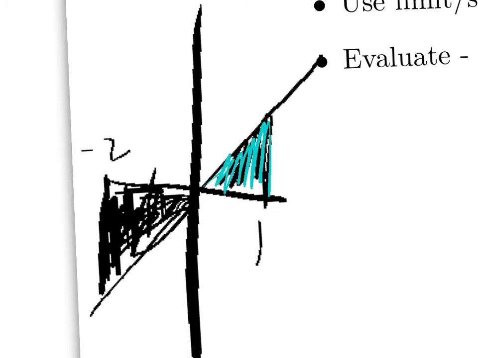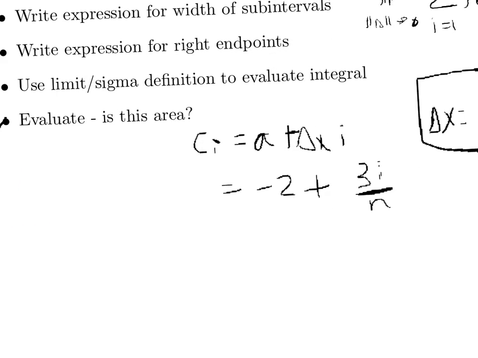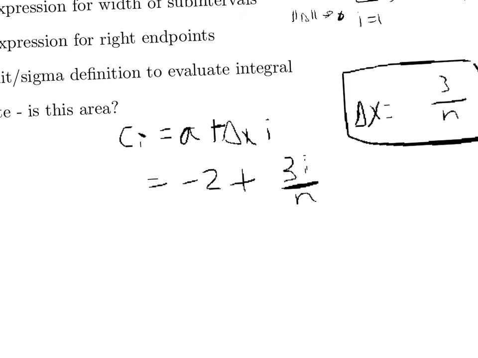If we only wanted to find that area, then I'm going to cut it up into 4 rectangles here. The first one would be 1/4. The next one would be 2/4, 3/4. But we're not starting there, right? We're starting over there. So that's where that -2 comes in. Exactly. So we have to start at -2 and then add our delta x i from there.